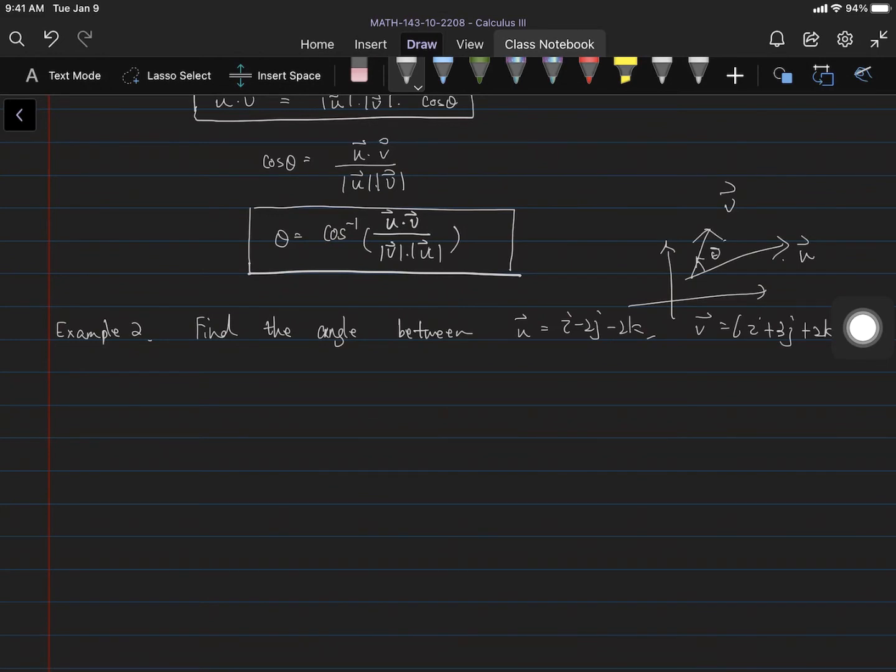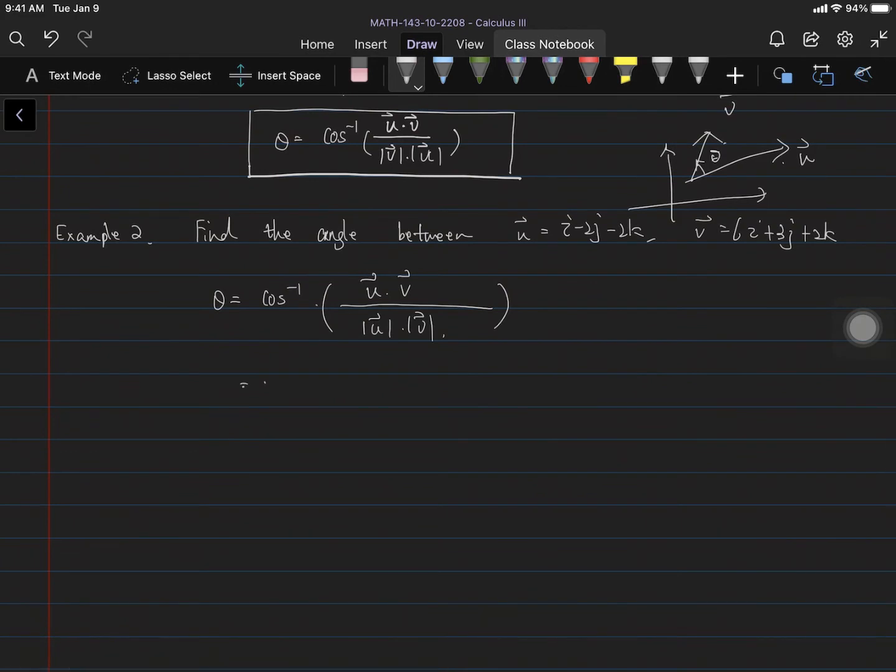Theta equals cosine inverse. We can write this down directly: cosine inverse of the dot product u dot v over the length of u times the length of v.